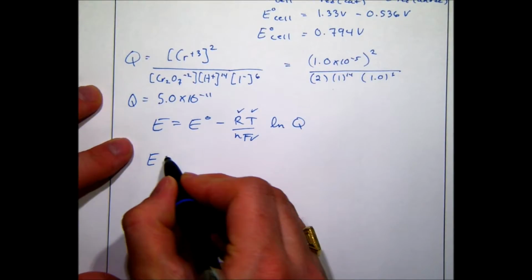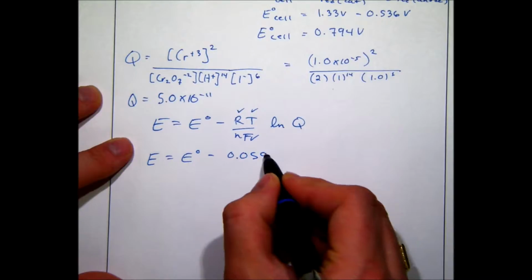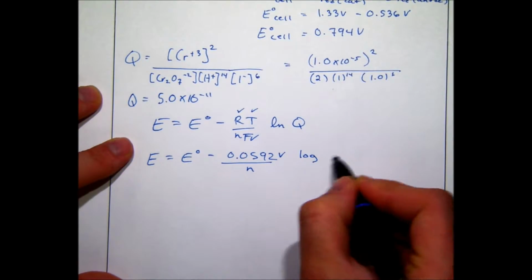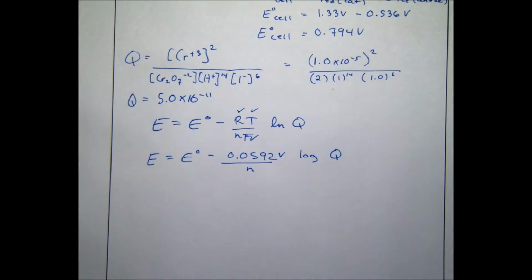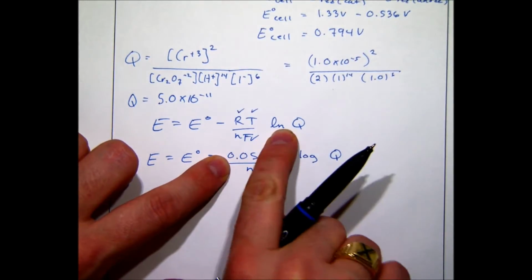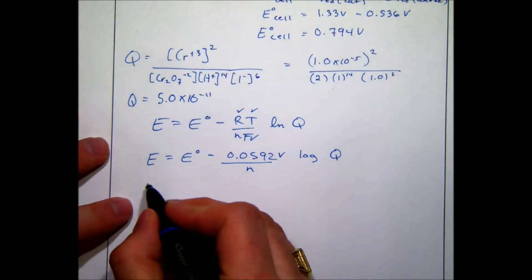So when we do that conversion, and this is always the same, we get 0.0592 over n. The unit on this is technically the volt, and we end up with log Q. So in the 0.0592, we've blended those three together and then done the conversion from ln to log. The conversion's already done for us, so we don't really have to worry too much about it.